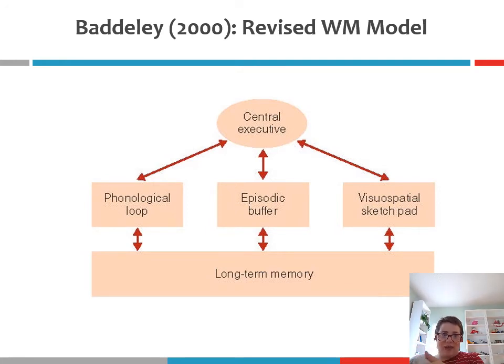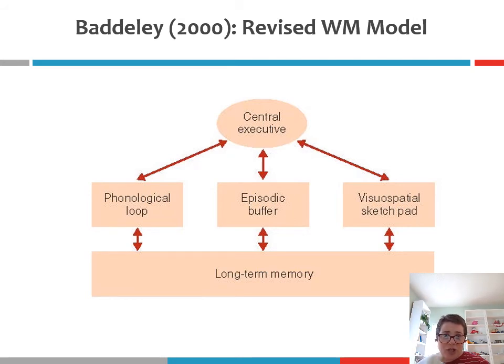So we have seen that Baddeley's three-component model can explain results such as the phonological similarity effect, the word length effect, the articulatory suppression effect, mental rotation, and how interference or conflict can affect our central executive, and how also overloading our visual spatial sketchpad can make it harder to complete tasks that require us to process visual spatial information.